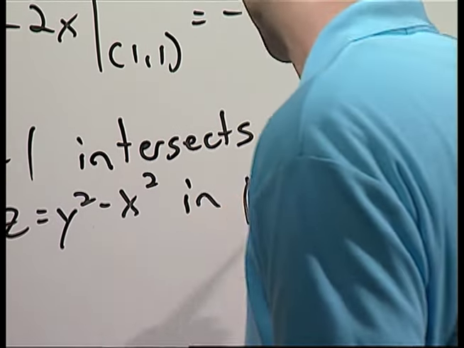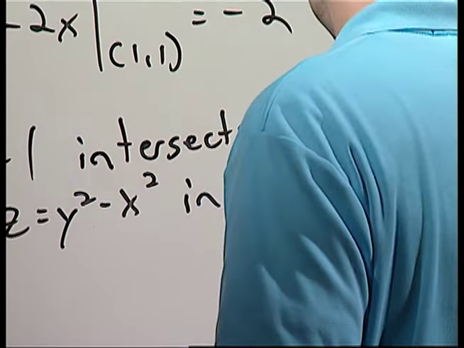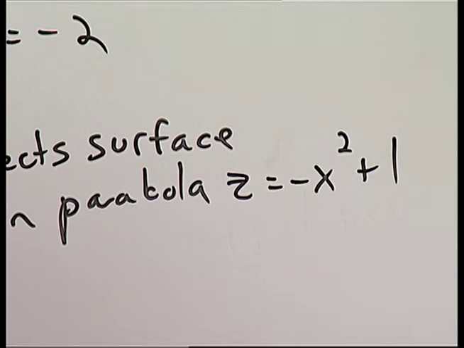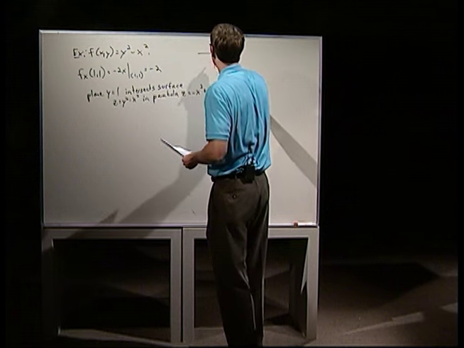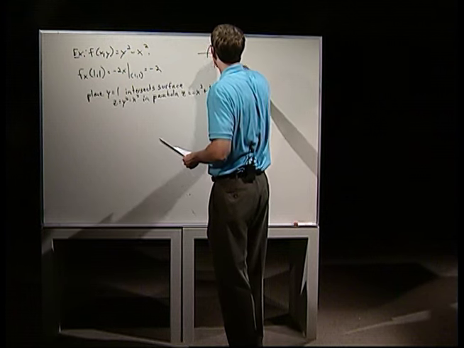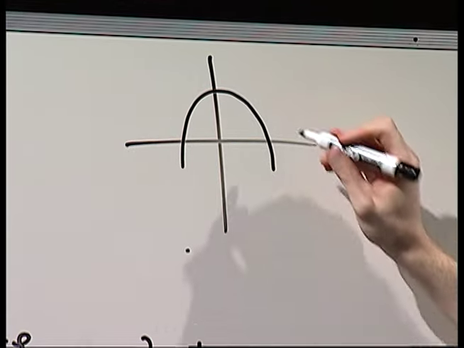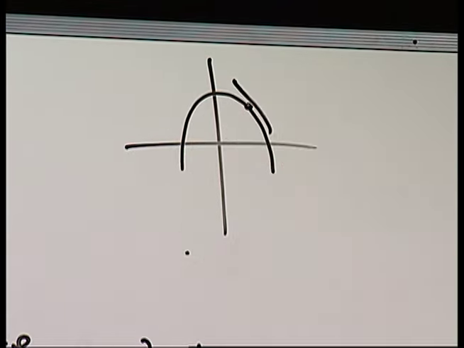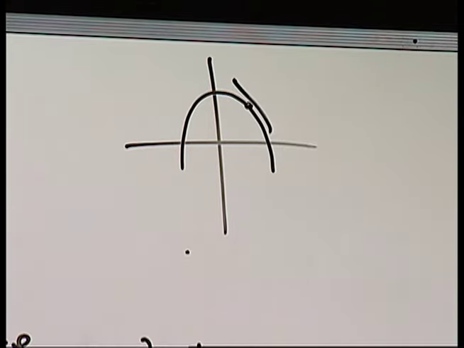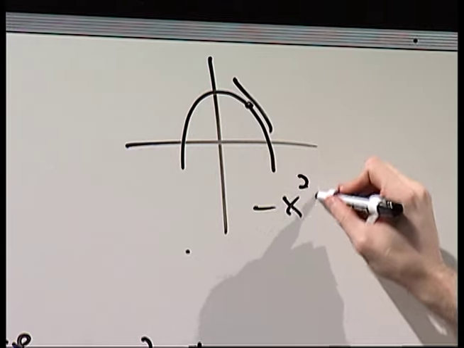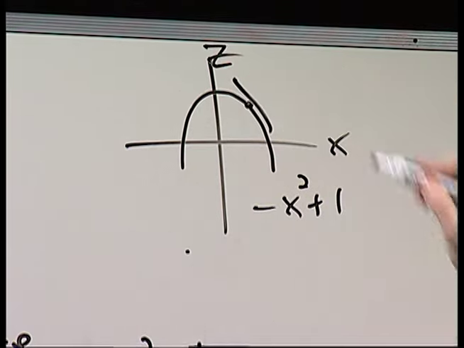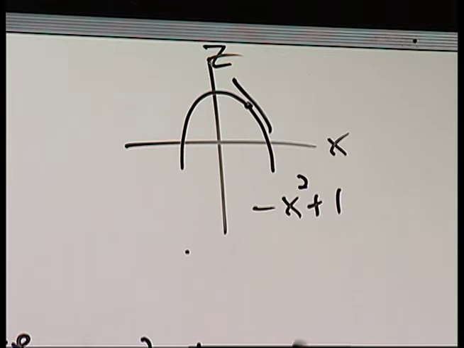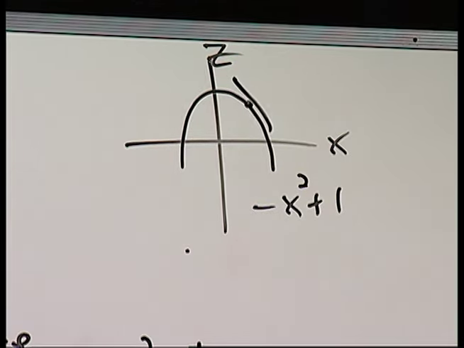In particular, I get the parabola z equals negative x squared plus 1. When x is 1, the tangent line has slope negative 2. This is negative x squared plus 1 in the xz plane. There's the tangent line with its slope. The slope of the tangent line to this parabola is minus 2.